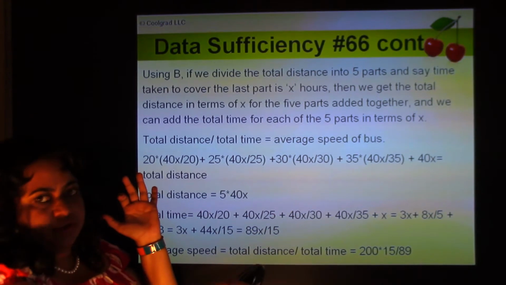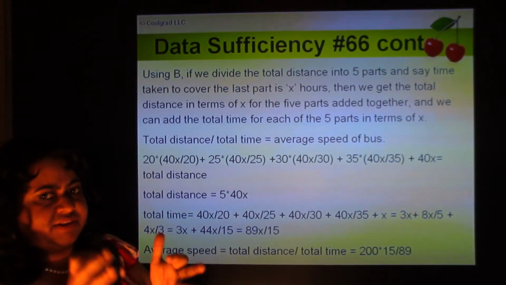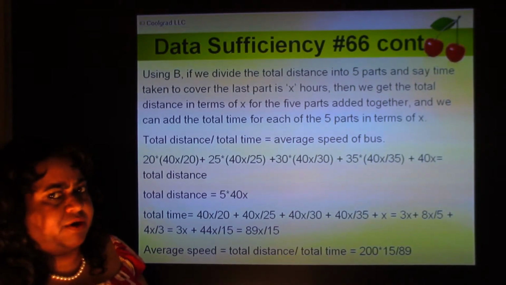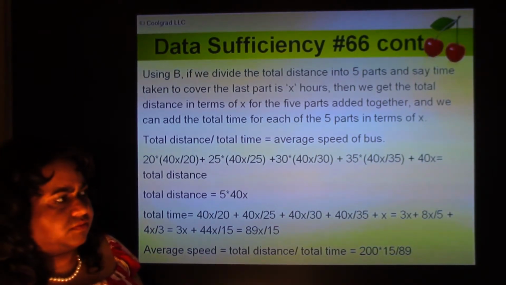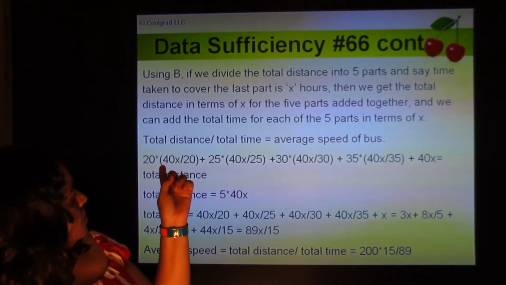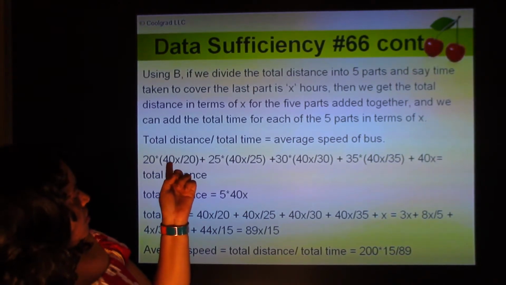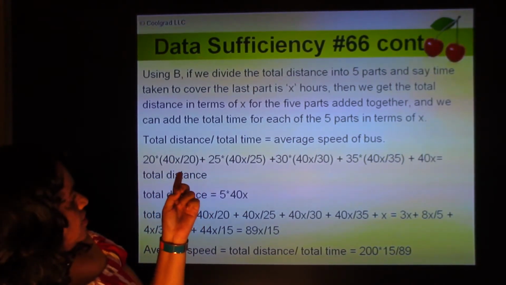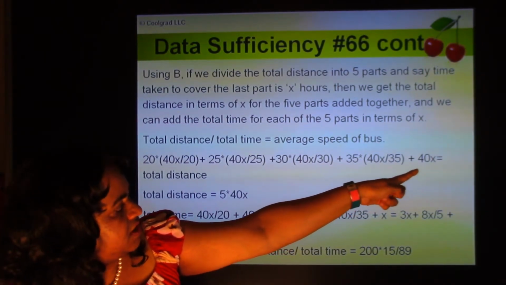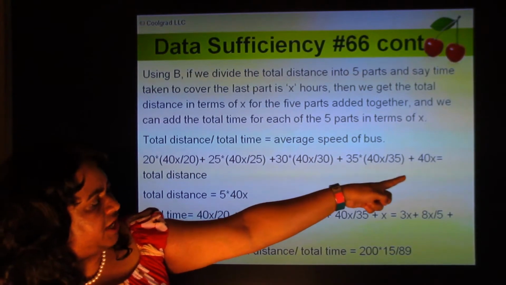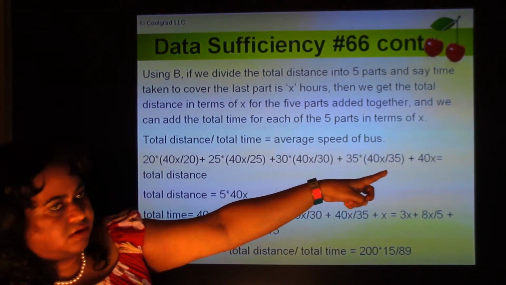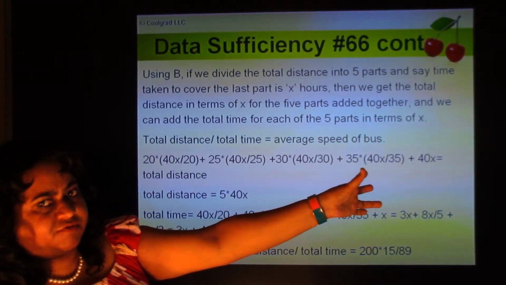The last part is covered at a speed of 40 kilometers per hour, so the time taken to cover that last 5th part of the segment is x hours.